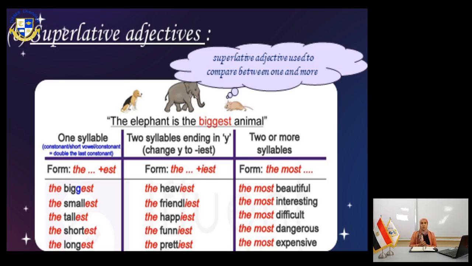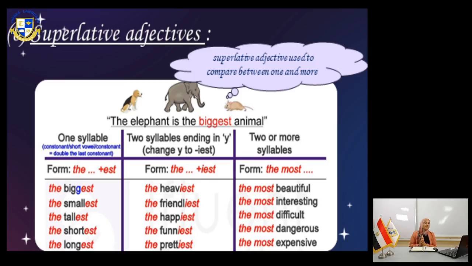And of course, as we said before, for the CVC adjectives, I'm going to double the consonant letter at the end, and I will also put est. The big, the biggest; small, the smallest; tall, the tallest; short, the shortest; long, the longest. This is a one syllable adjective.